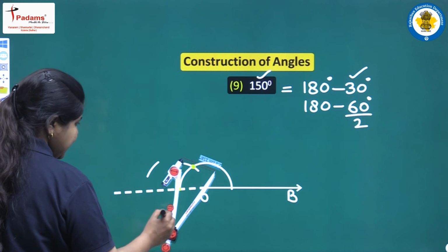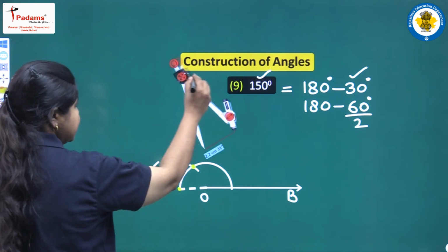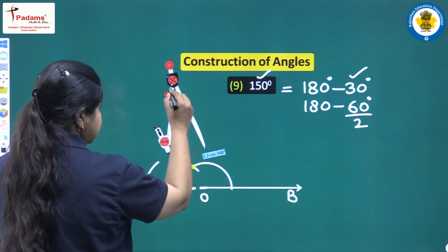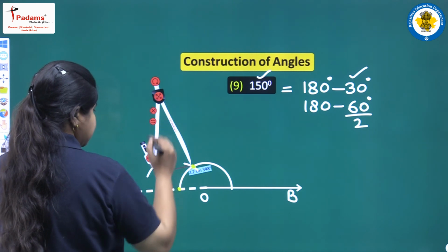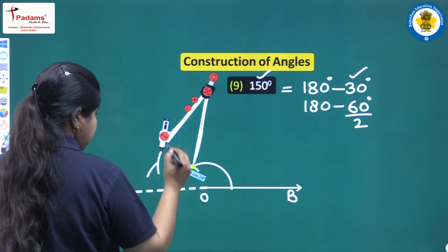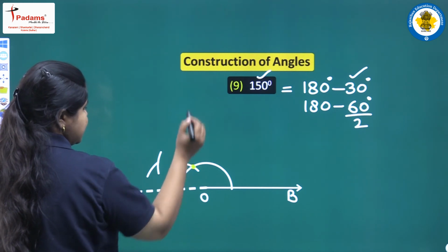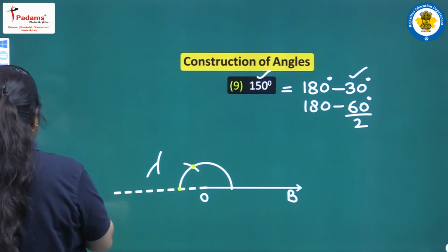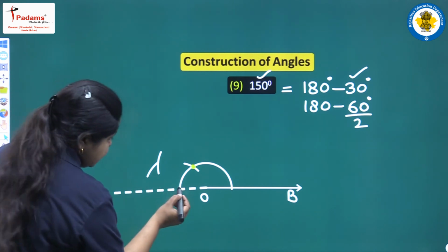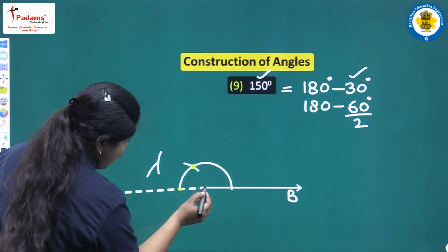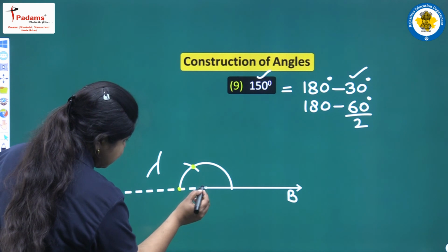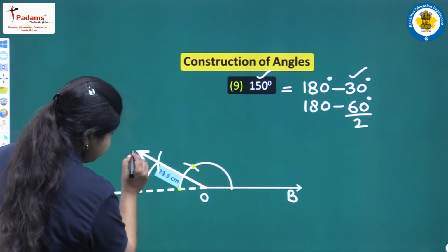Next what we will do is, with the same radius but with center this point, we draw another arc. This has fallen short, but still we get the point of intersection. Now simply what we need to do is join this O. Remember we have to join this O with this point of intersection.